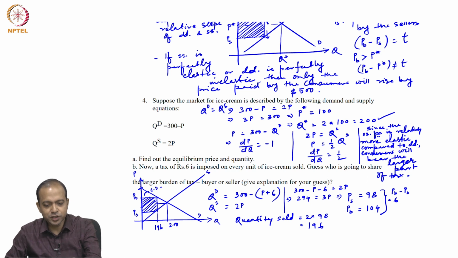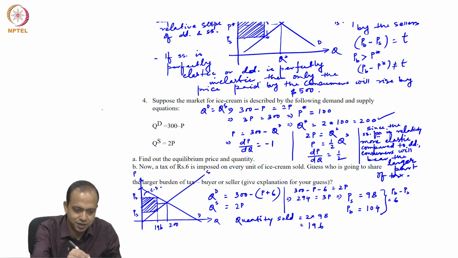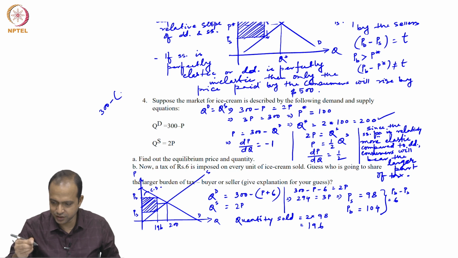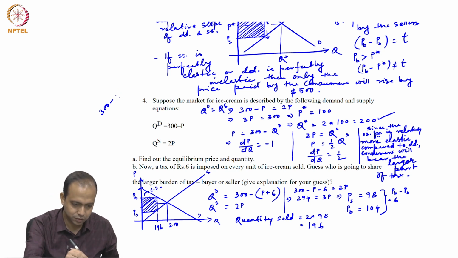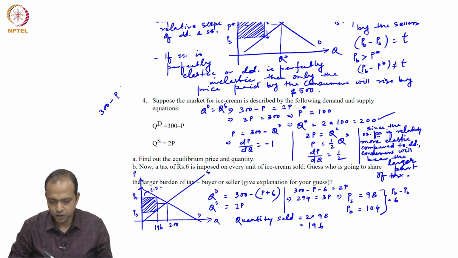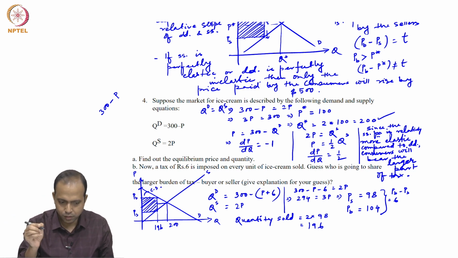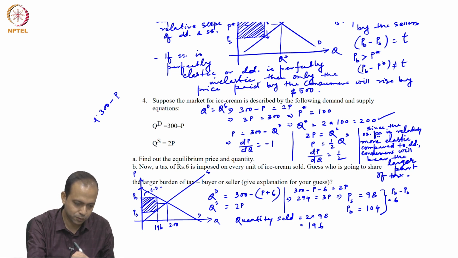You know the demand function is 300 minus P, okay, this is the demand function.